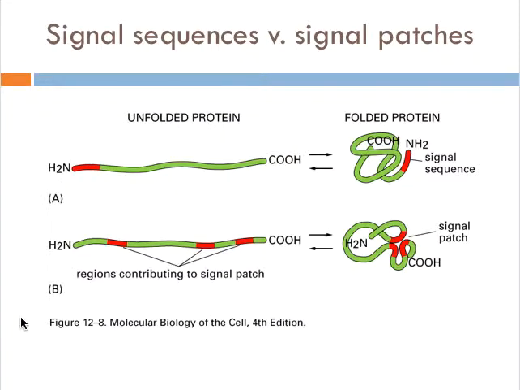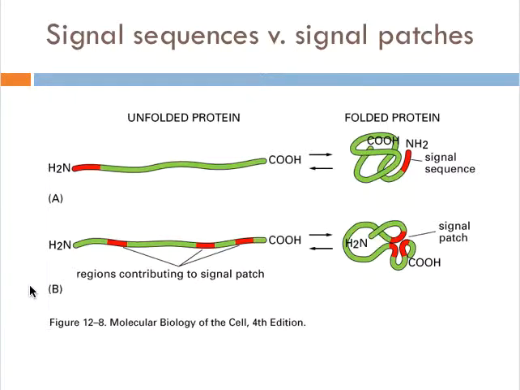There's another type of signal sequence that's called a signal patch. Here you have different regions of amino acids that contribute to what's called the signal patch. But obviously, when they're spread out like this in the unfolded protein, they're not actually creating the patch, which means that the protein has to fold properly before we actually get the signal sequence.